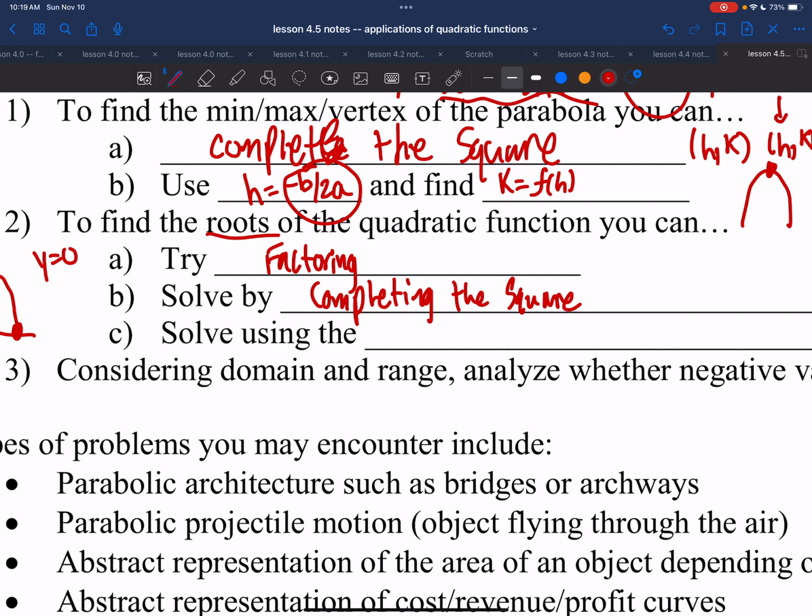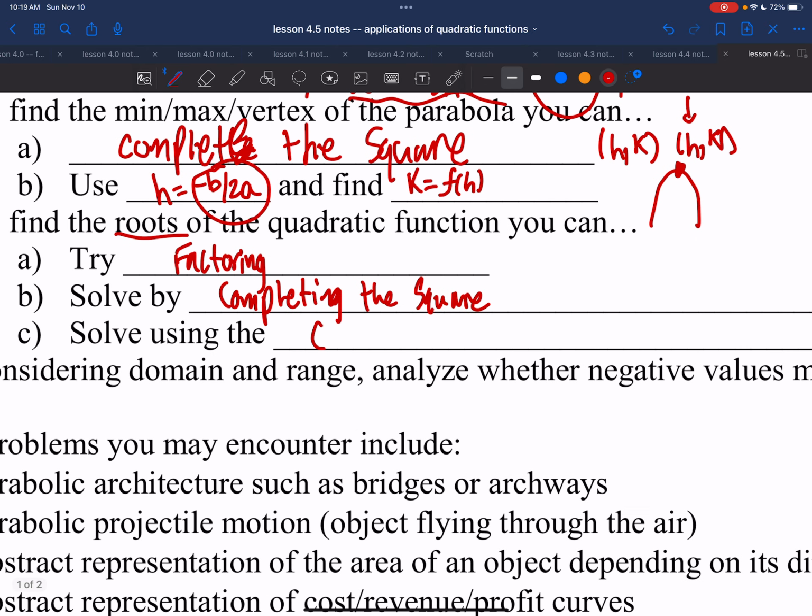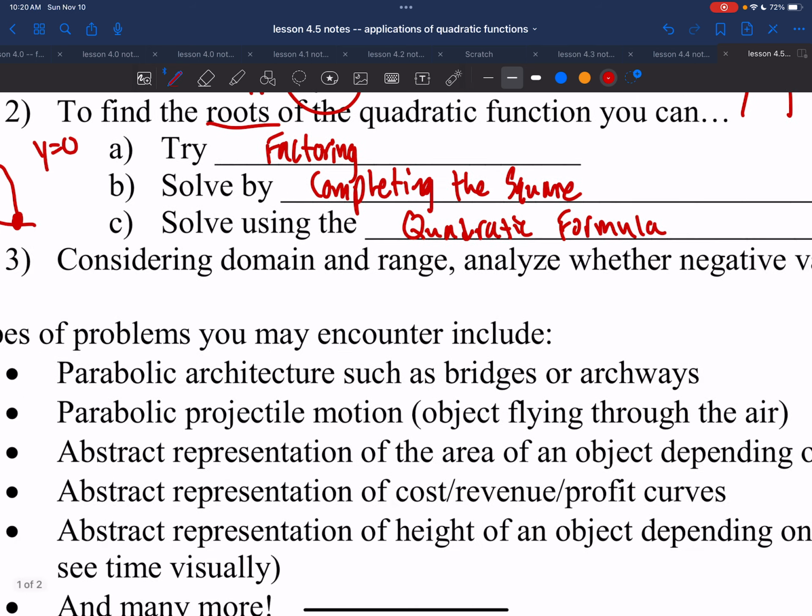If you can complete the square, you can put it in vertex form, and if you put it in vertex form, it's very easy to solve from there. Or as an alternative to completing the square, you could use the quadratic formula. And I'm actually going to recommend that when it comes to word problems like this, the quadratic formula is probably my go-to, unless factoring's really nice, all right? But we'll see that as we go on, okay?